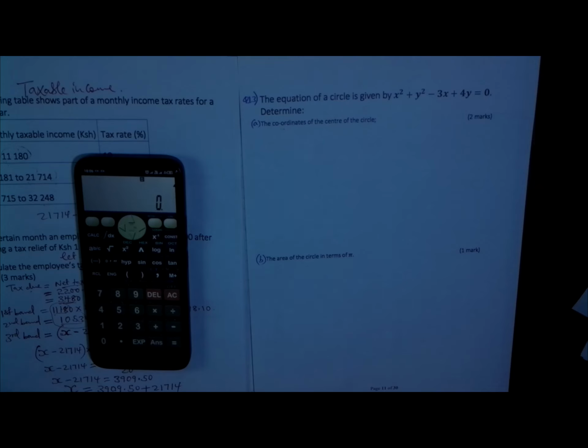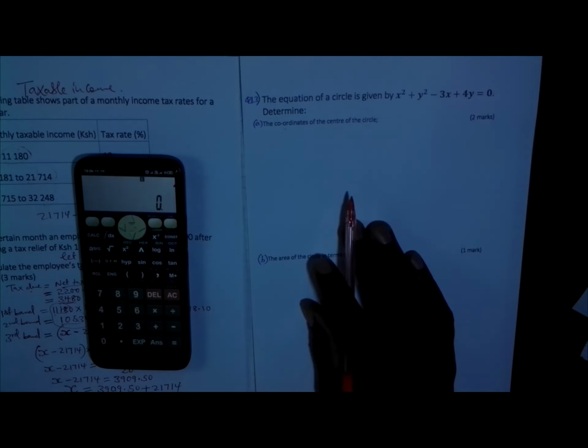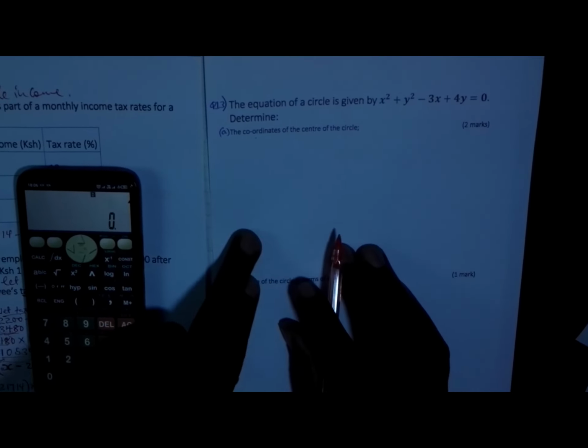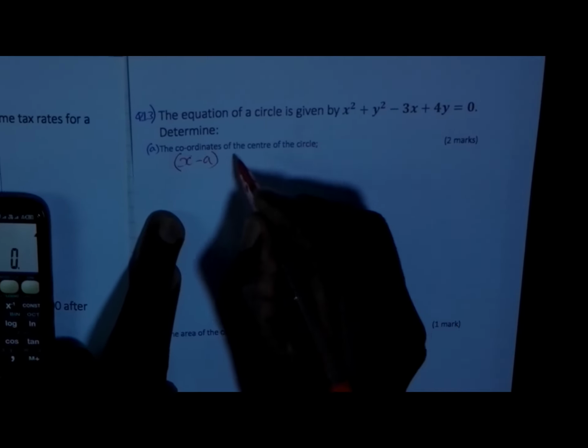So we need to begin by looking at the general equation of a circle. The general equation of a circle is given by (x minus a) squared plus (y minus b) squared is equal to r squared.